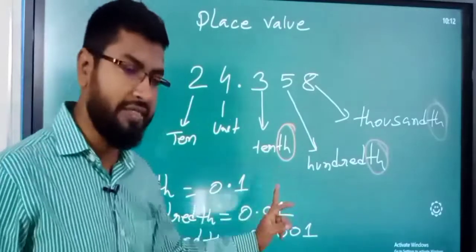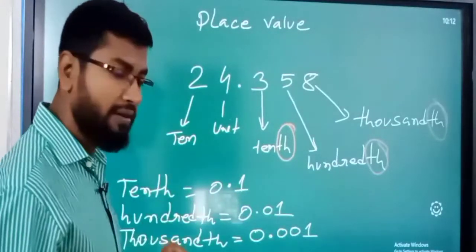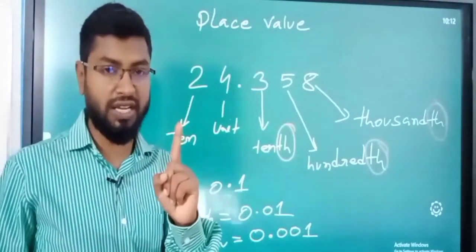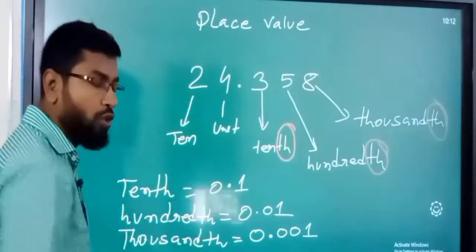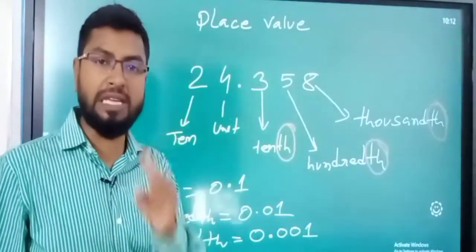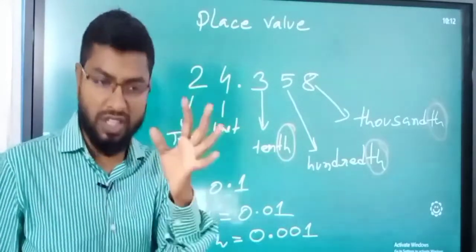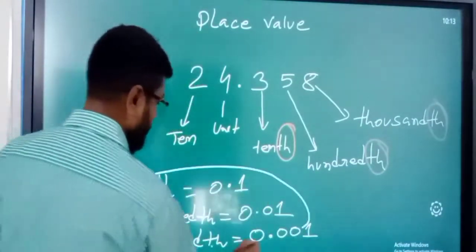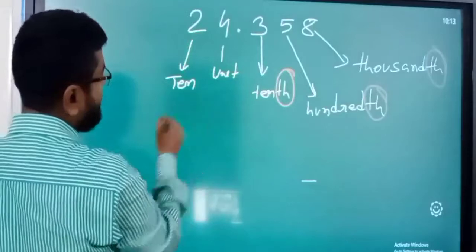That means after the decimal 3 digits is the 1000th part. After the decimal 2 digits is the 100th position. After the decimal 1 digit is the 10th position. Keep it in your mind. 10th means after the decimal 1 digit, 100th means 2 digits, 1000th means 3 digits. It will continue like this. But here one thing we will learn. I'm giving you above. Okay. Now, place value. Look.